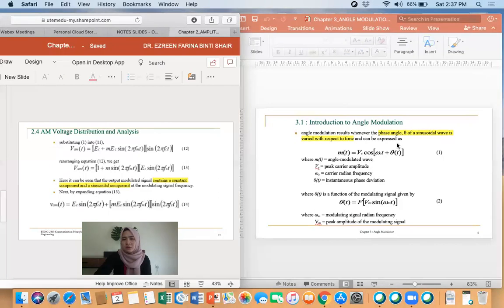But if you look into the frequency content here, the frequency content is actually affected by the modulating signal, which is Vm sine omega m t, because theta t equals Δθ sine omega m t. So basically, the amplitude of the angle modulation is fixed, but the one that is varying according to the modulating signal is the phase and the frequency.